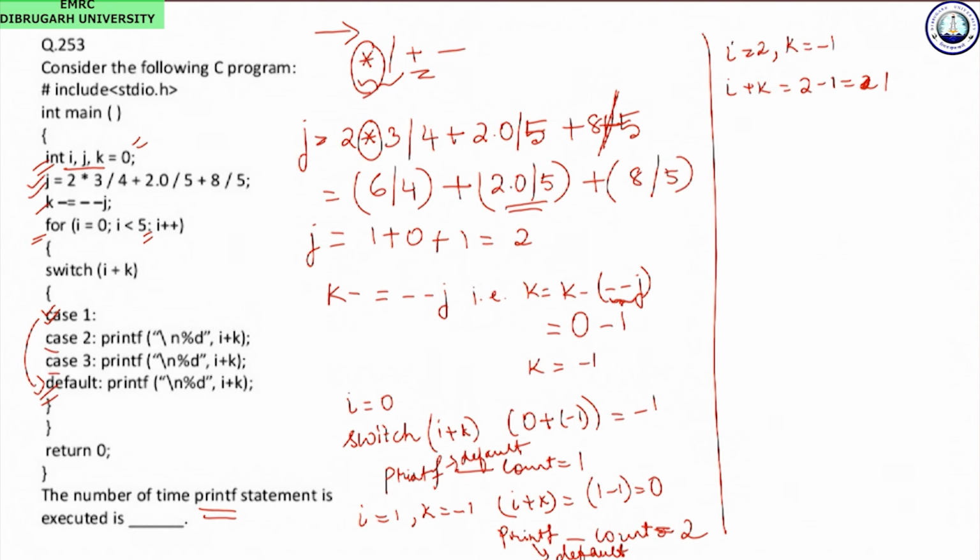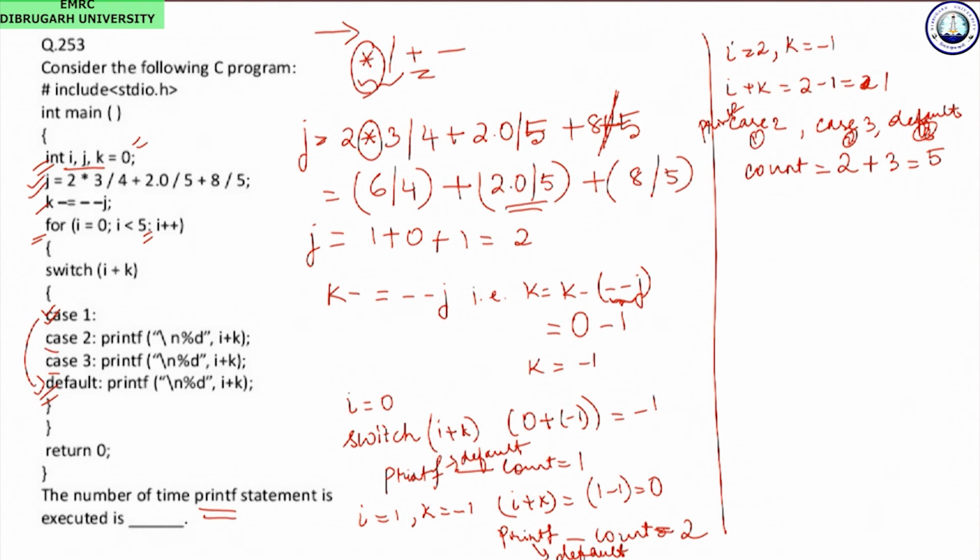So how many times will it print? It will print case 2, then case 3 and default. Your count will increase by how many? It was initially 2. Here this is 1, 2, 3. So 2 plus 3 it is 5.